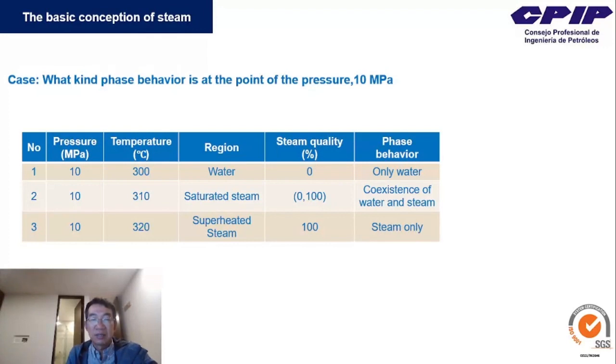When the temperature is 310, the steam quality is from 0 to 100%. And when the temperature is 320, the steam quality is 100%. The phase behavior: the first one is only water, the second one is water and steam, and the third one is steam only.